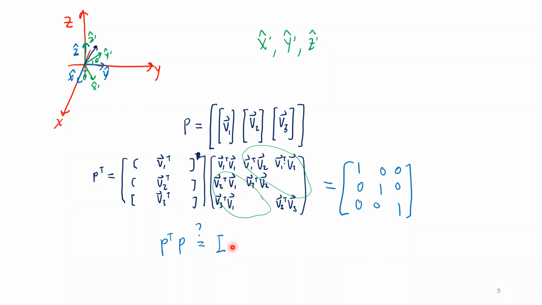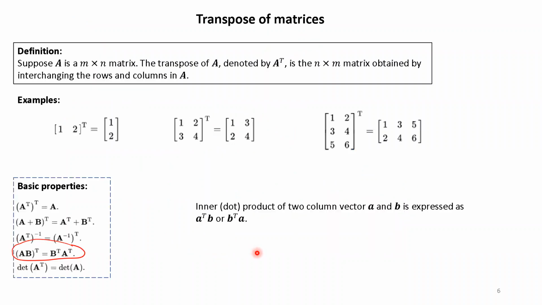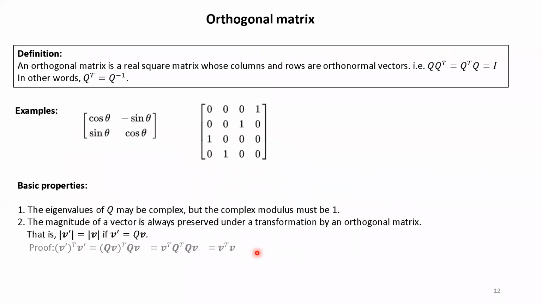That means if you have this matrix Q, which is constructed by a set of orthonormal vectors, then that matrix is known as an orthogonal matrix.